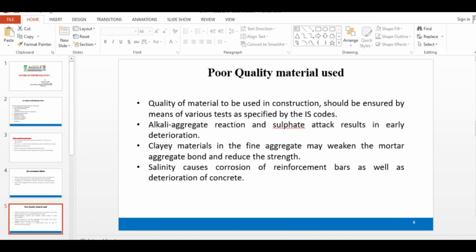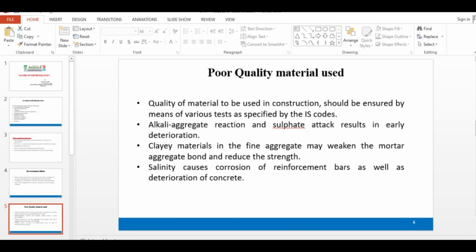Quality of material used. The quality of material to be used in construction we have to ensure by conducting various tests as specified by the IS code, and also the alkali aggregate reaction and sulfate attack, which also result in early deterioration. The concrete strength in general is a function of the materials we are using: cement, fine aggregate, coarse aggregate.